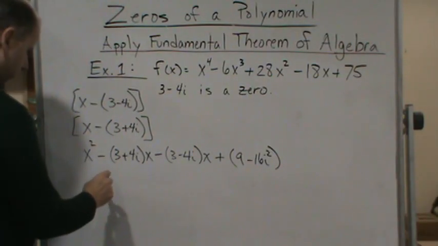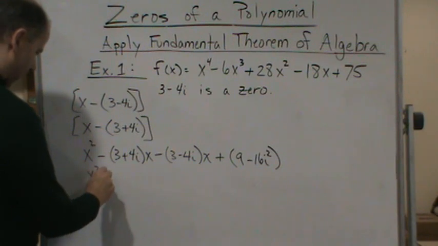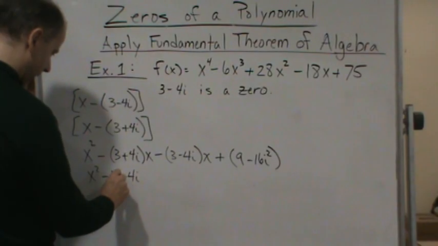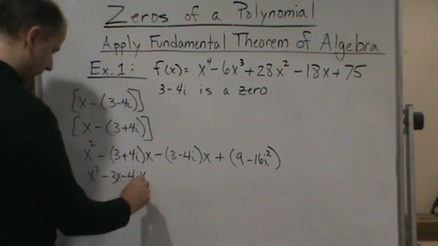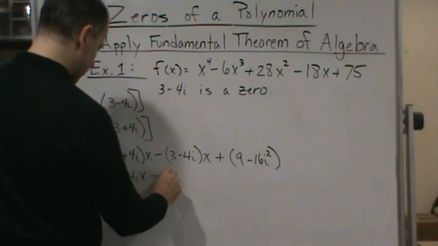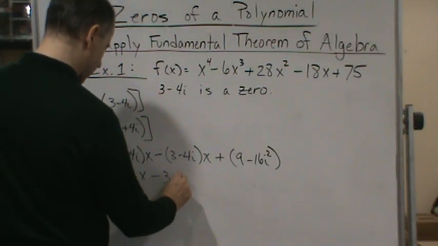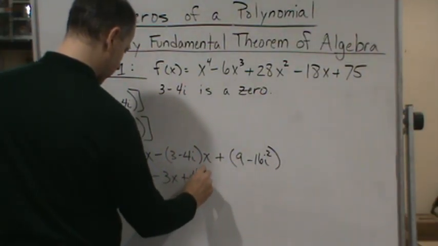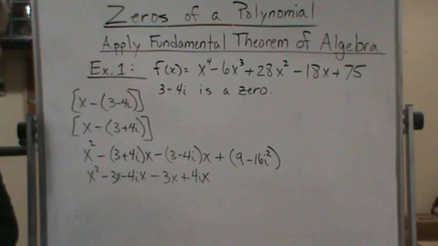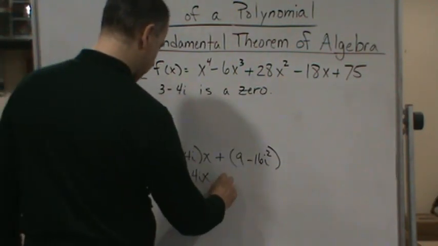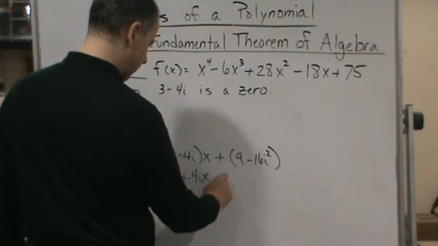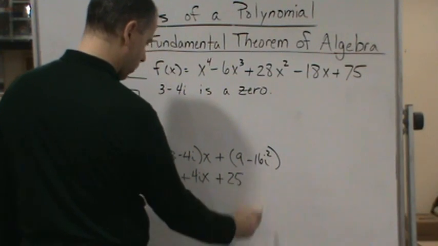So this is going to give me x squared minus 3x minus 4ix minus 3x plus 4ix, and then what happens here? This is going to be plus 25.